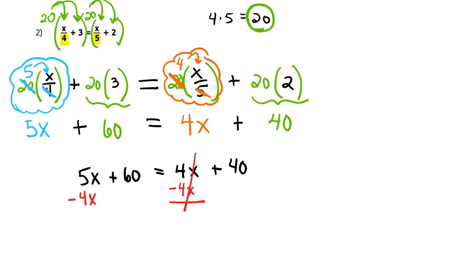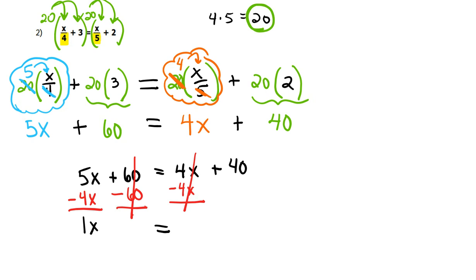And when I subtract 4x on the left, 5x minus 4x is just 1x. However, since I want the x's on the left, I don't want this 60 over here. So I'm going to subtract 60 to cancel that out. So I just have x's on the left side.